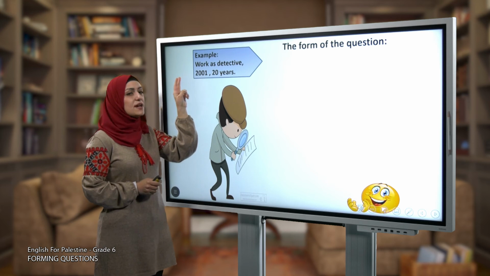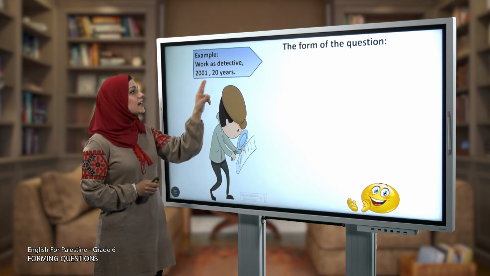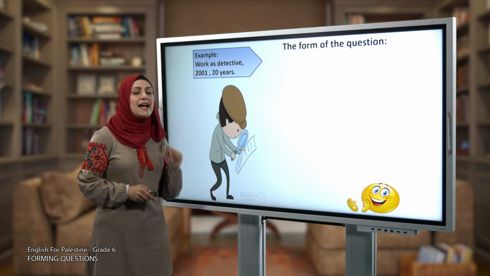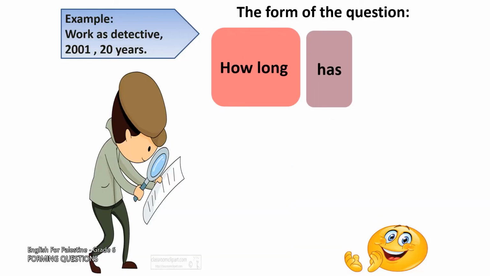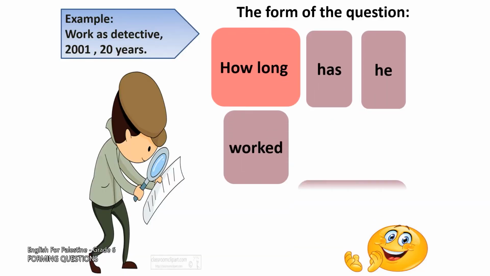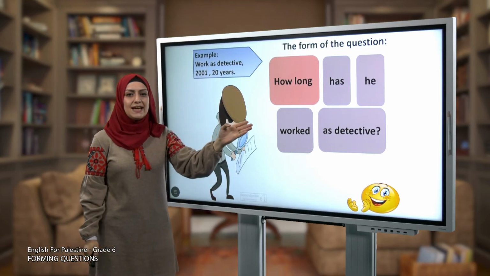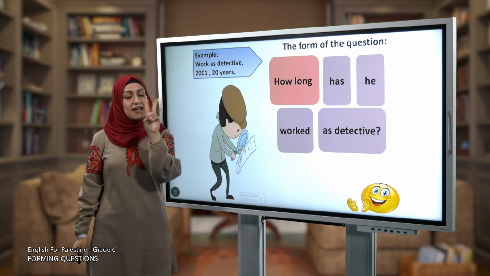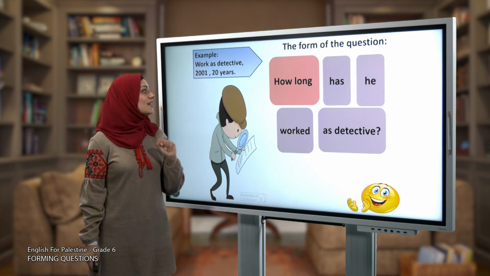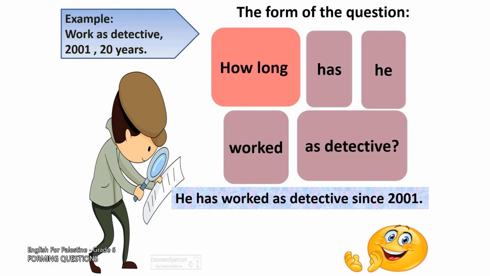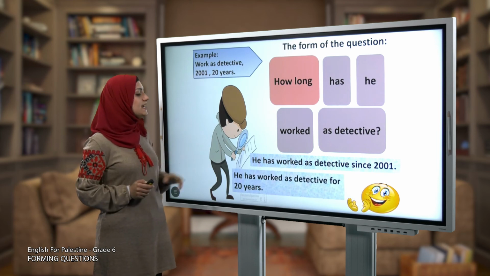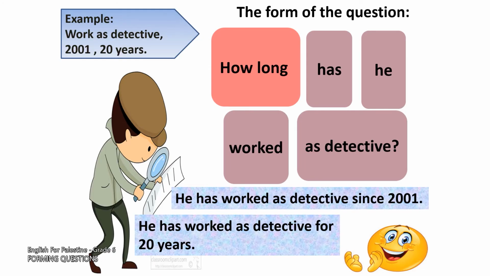We have 2001 and we have 20 years. Let's ask him, how long has he worked as a detective? How long has he worked as a detective? We can have 2 answers. We can say he has worked as a detective since 2001, or we can say he has worked as a detective for 20 years.